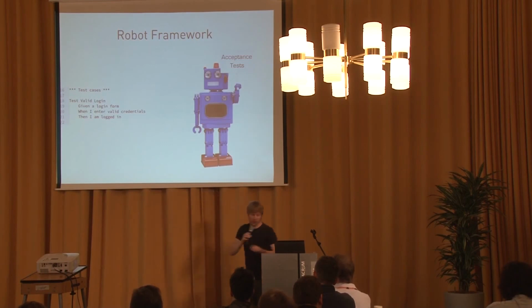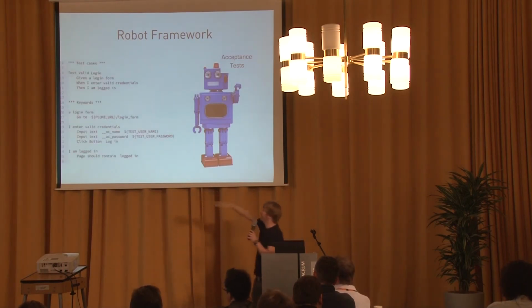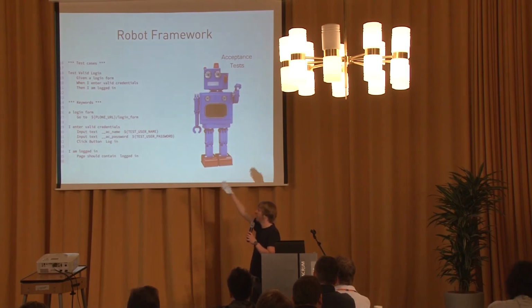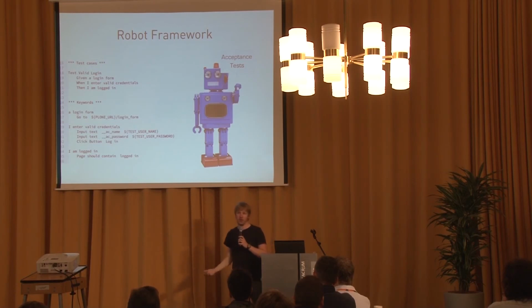These keywords that you see used, like given, when, then, refer to behavior-driven development, because you always have these keywords. Given is the precondition, when is the action that you take, and then is the actual test. And as you can see, the keywords are not given a login form, but a login form. So the given is just ignored because it's a keyword. So we could adapt Robot probably to ignore certain things.